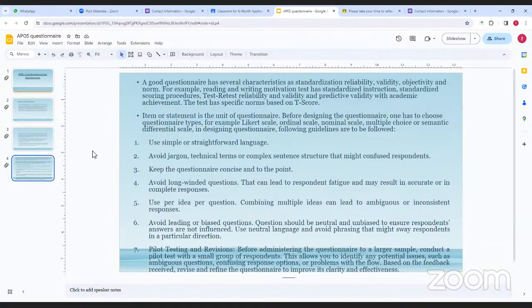But the HSPQ, the High School Personality Questionnaire, you can administer to high school students. So you have to find out whether your questionnaire is applicable for the population which you are studying.